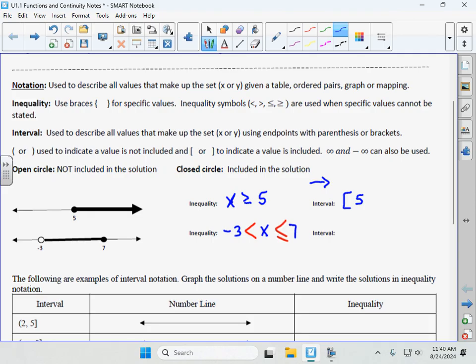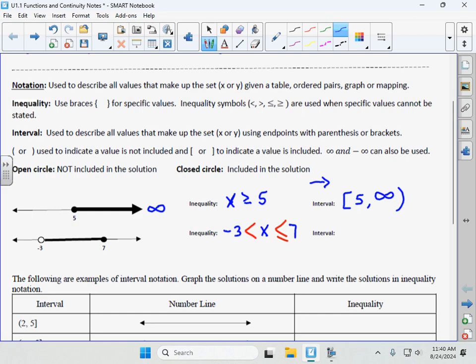As we move to the right, everything is being shaded all the way over to positive infinity. That means everything greater than or equal to 5 is shaded. So we do a comma and then positive infinity. With infinity, we always use parentheses, never a bracket, because you can't actually include infinity. It's not an actual number.